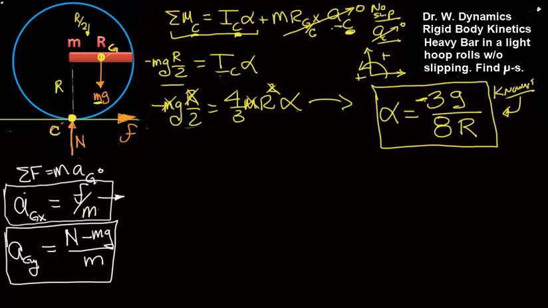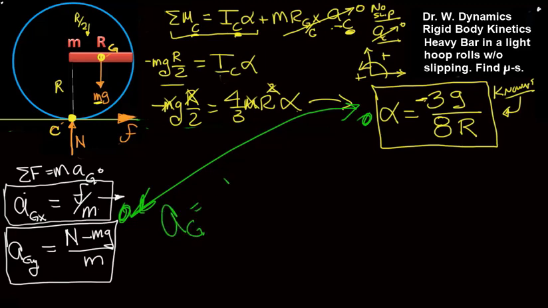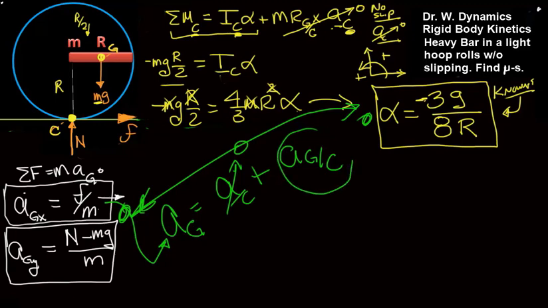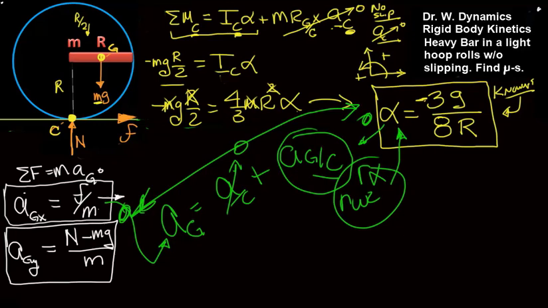And now our job is to relate these values with alpha, the other thing that we know. So somehow we have to relate these two, and the best way to do that is with a relative acceleration equation, such as a sub G is a sub C plus a sub G with respect to C. A sub G is right here, we know it. A sub C is 0 for this problem, and a sub G with respect to C is going to be some r alpha and r omega squared type, which is what's going to incorporate that.